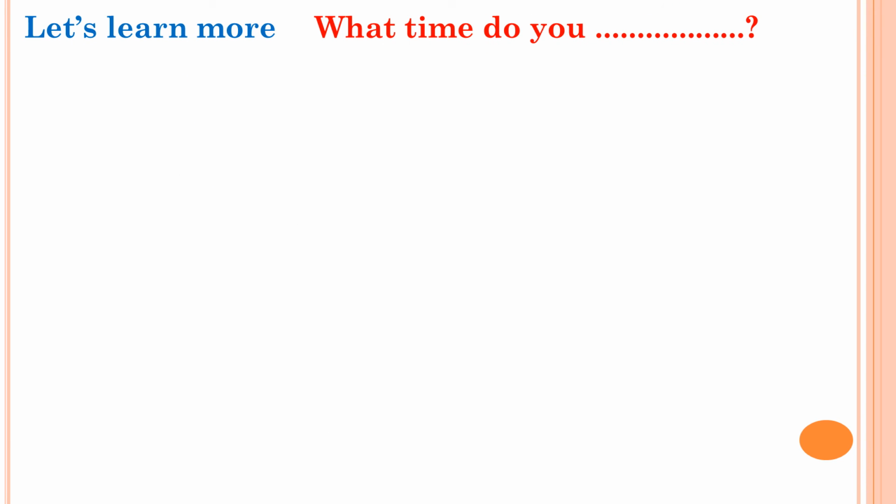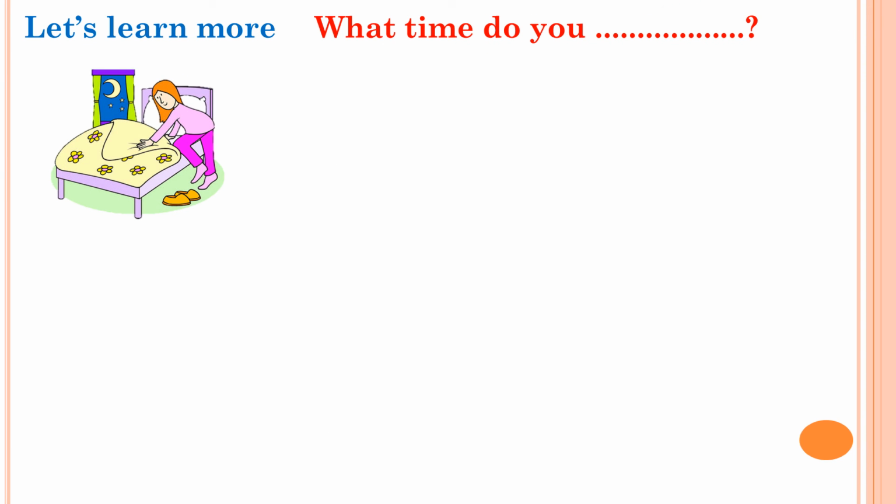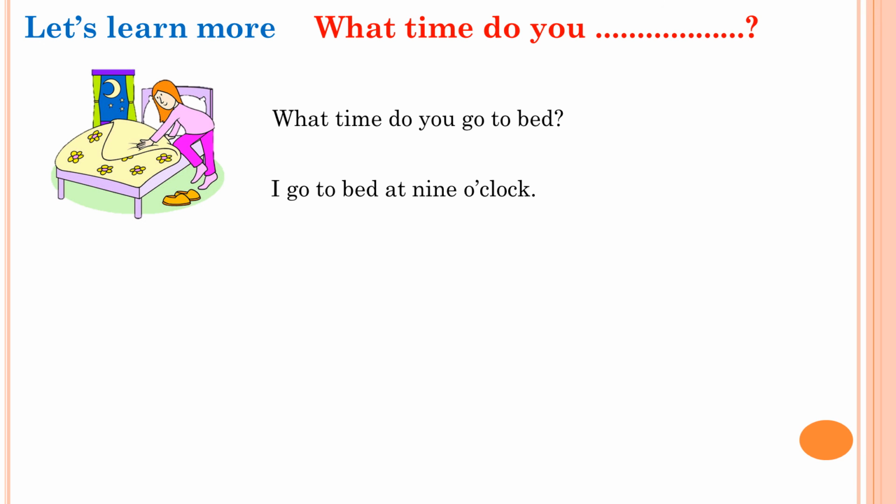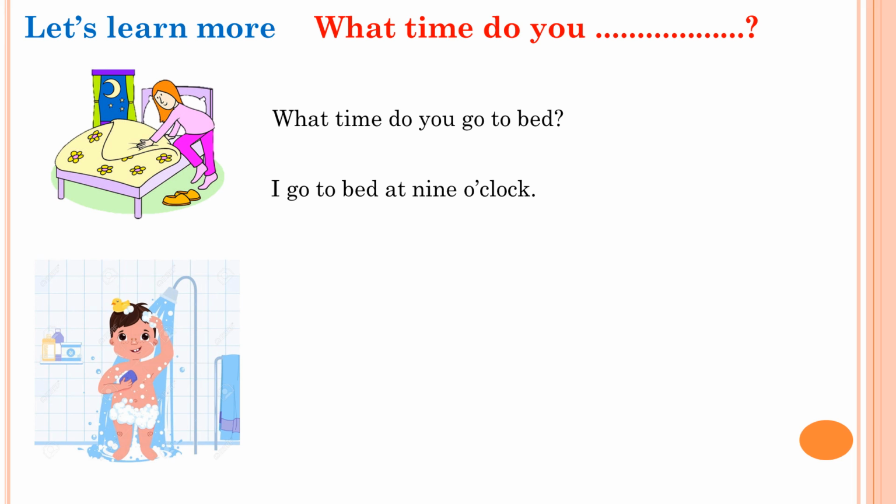Next, look at the pictures. What is she doing? She is ready to go to bed. So we can ask a question like, what time do you go to bed? I go to bed at 9 o'clock.